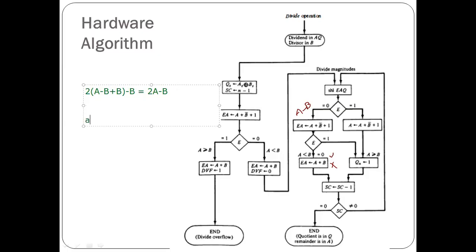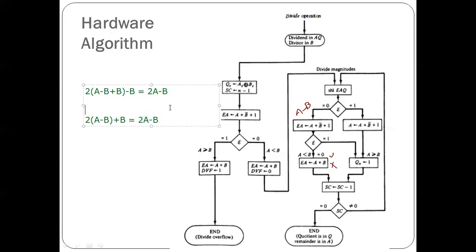So A minus B we are doing, and rather than adding here itself, we shift left, which is multiplying by 2, and then we add B. This results again in the same result, 2A minus B. So in both cases the result is the same.